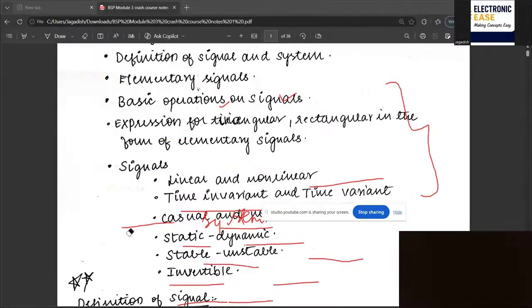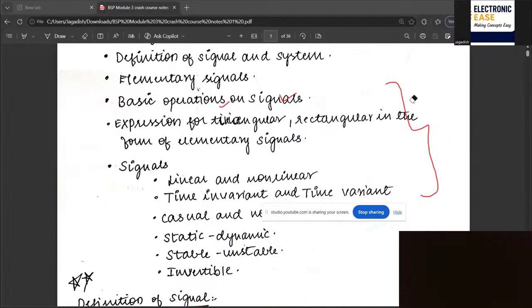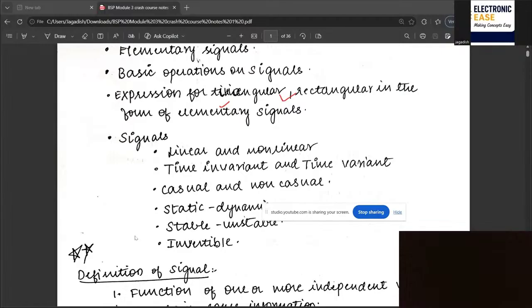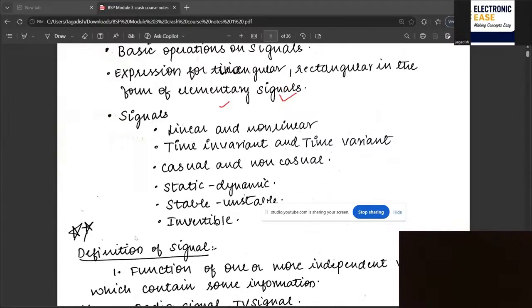What is the meaning of a signal, students? The definition of a signal: it is a function of one or more independent variables which contain some information. Signal ಅಂದ್ರೆ ಏನಪ್ಪ? It is a function of one or more independent variables which contain some information.